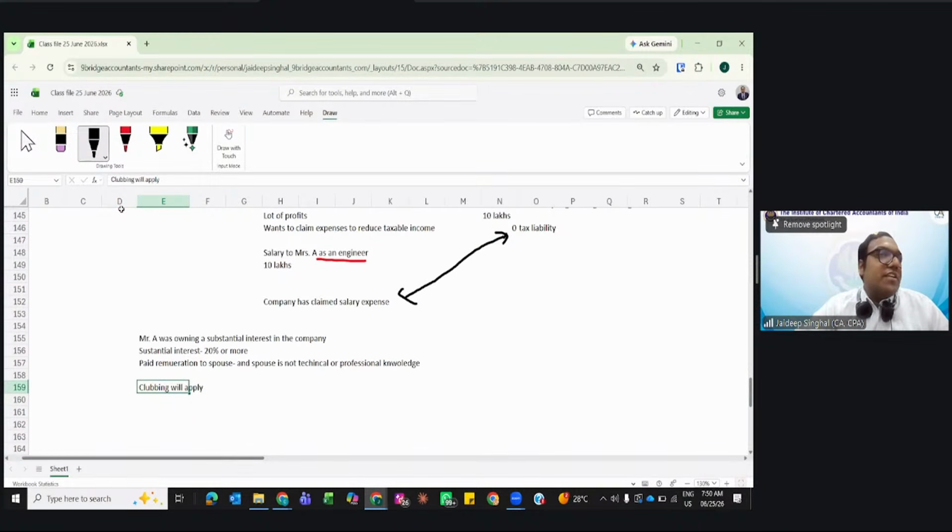Due to substantial interest, it will be taxable in the hands of Mr. A because he is having substantial interest. 10 lakhs will be taxable in the hands of Mr. A, right? Clear?